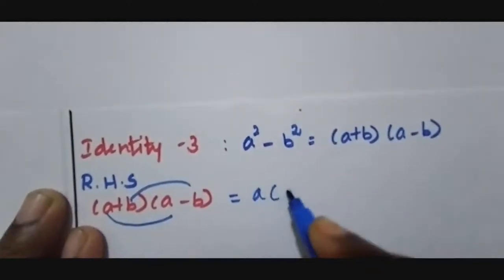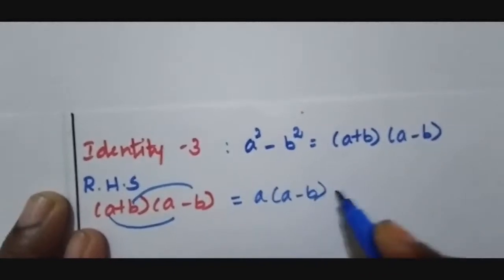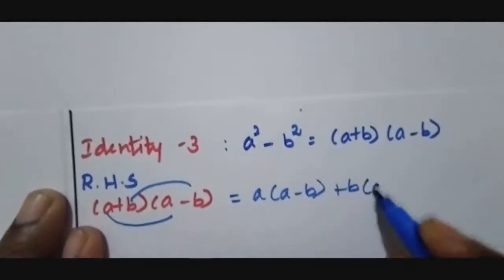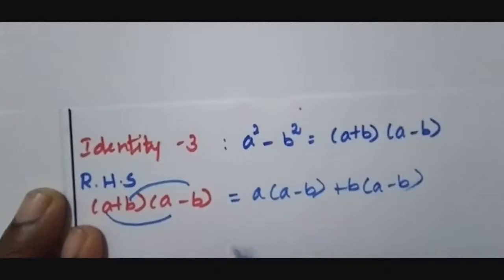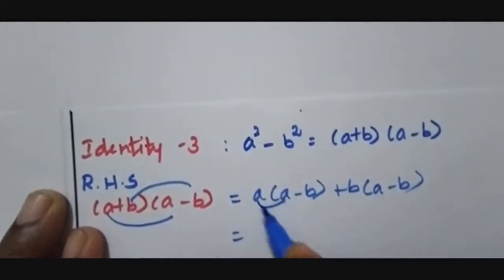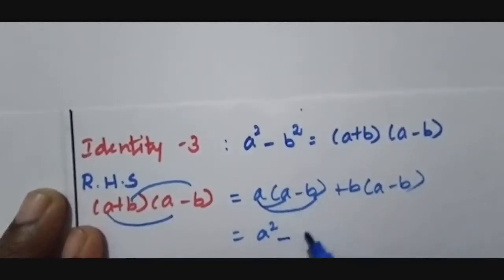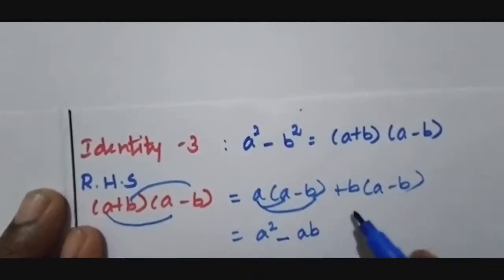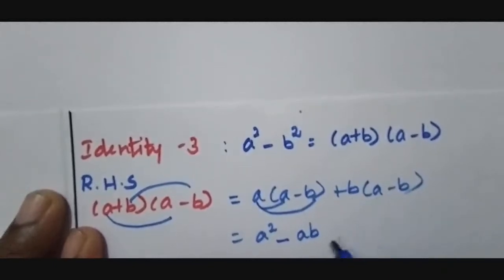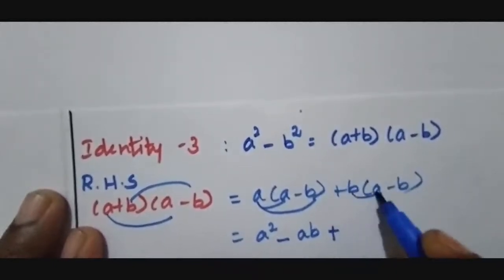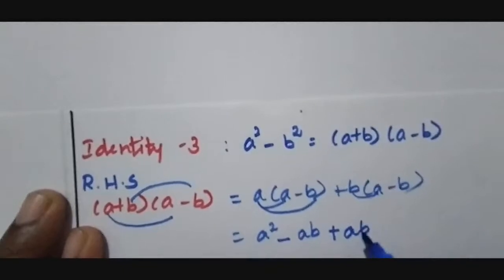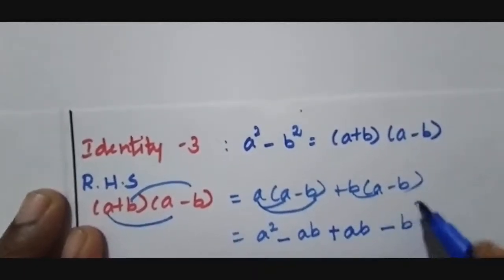A into the second expression is a minus b, plus b into the second expression is a minus b. Multiply this a with the terms inside the bracket. A into a is a square, plus into minus minus, a into b is ab. Similarly, plus into plus is plus, b into a is ba, which is equal to ab, plus into minus minus, b into b is b square.